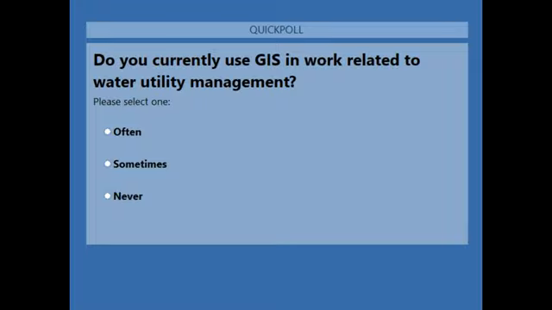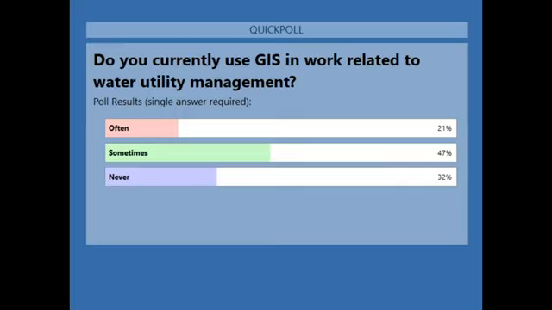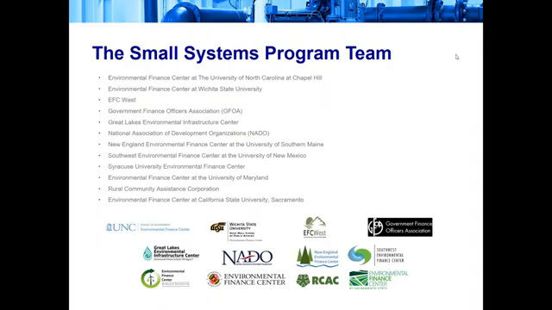So I'm closing the poll in 3, 2, and 1. All right, so 47% said sometimes, which was the majority of folks that had heard of GIS or that are using GIS. 32% said never, and 21% said often. I don't know if that encourages any insights from you, Eric, but I'm going to go ahead and also make you the presenter at this time.